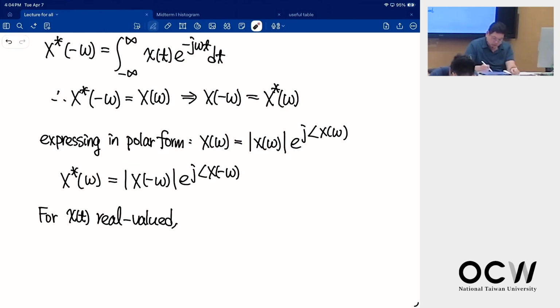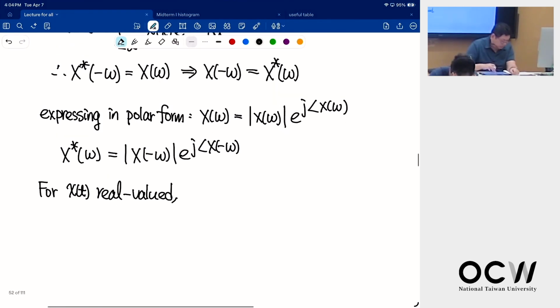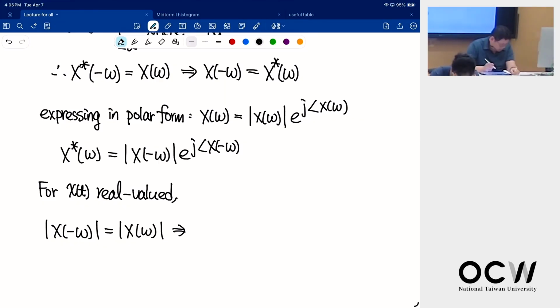So the magnitude is still the same, which means the magnitude is even symmetric.